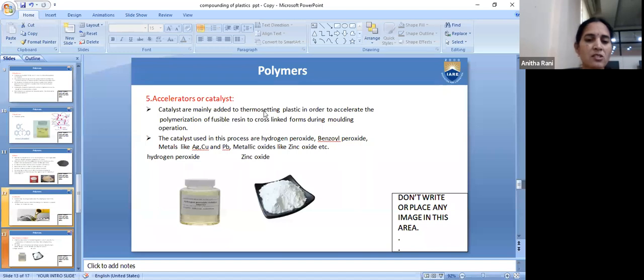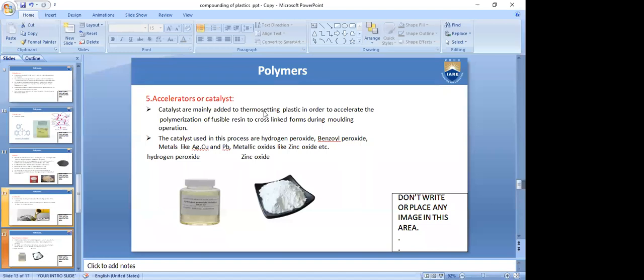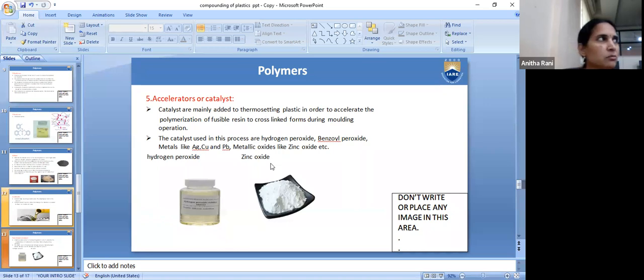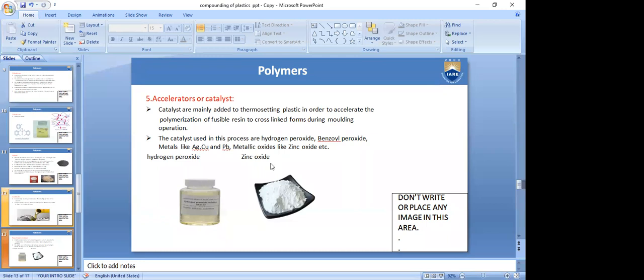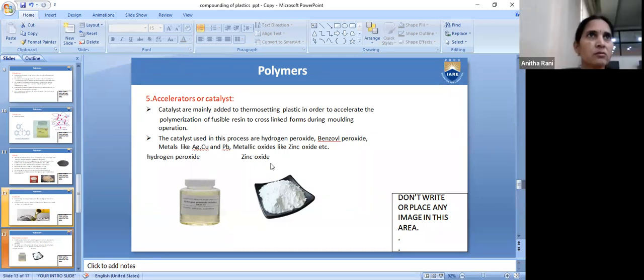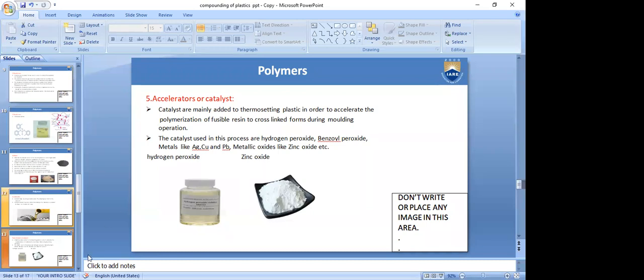In which type of plastics do we use it? Thermosetting resins. Examples of catalysts: hydrogen peroxide, benzoyl peroxide, and zinc oxide. Okay.